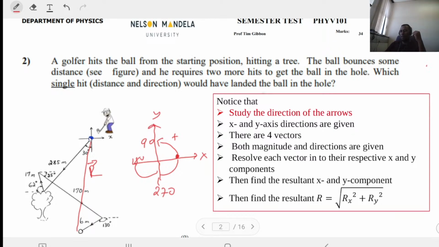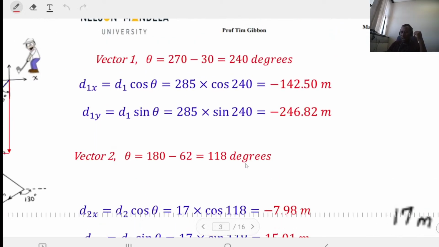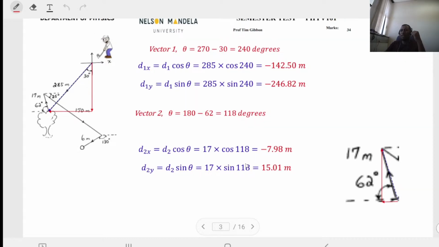What I mean here, let's go forward and then I'll show you. Let me zoom this one out. Look, just concentrate on this diagram. I'm interested only in the first one. I call this one vector 1. It is going from the origin of the x and y coordinate, and then it passes to that distance.